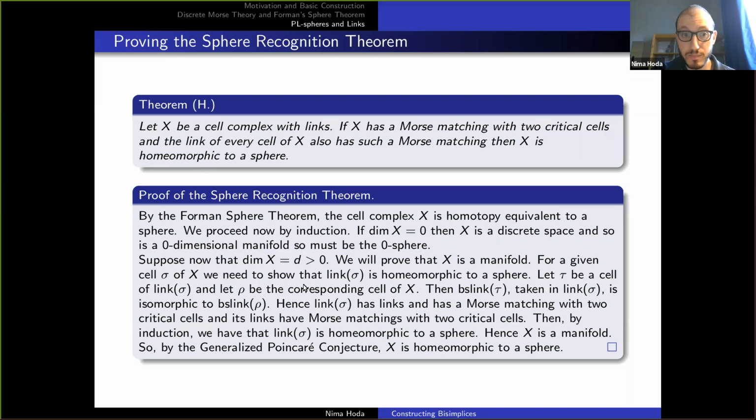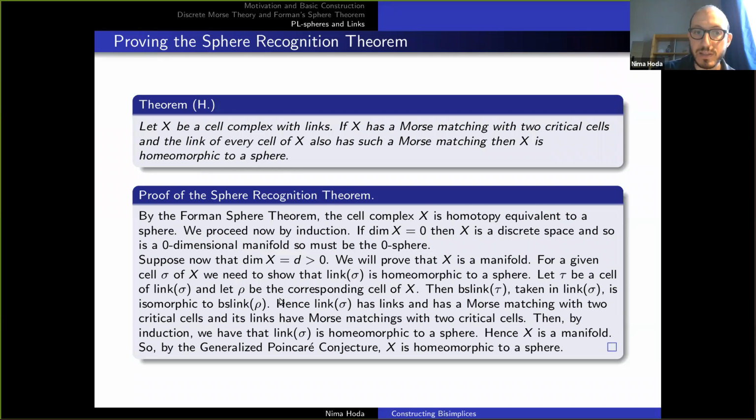Now, if X has dimension D, which is greater than 0, we're going to prove that X is a manifold, and then we'll be able to apply the generalized Poincare Conjecture. So for an arbitrary cell sigma, we're going to show that the link of sigma is homeomorphic to a sphere, and then by that last fact, this will prove that X is a topological manifold.